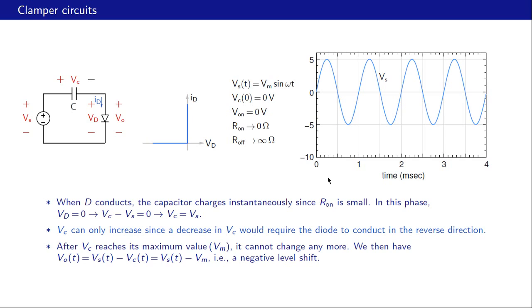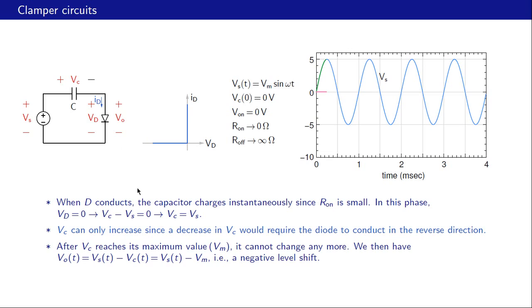Okay, let us now look at the plots. In the beginning, our capacitor voltage is 0 and Vs starts increasing, and since Vs comes across the diode as a positive bias, the diode starts conducting and therefore the capacitor starts charging.